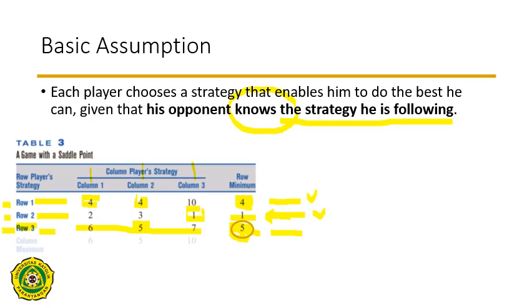If the row player selects the second strategy, then if the column player plays the third strategy, the reward that the row player can receive is only $1. So the best that the row player can do is to pick the third strategy.